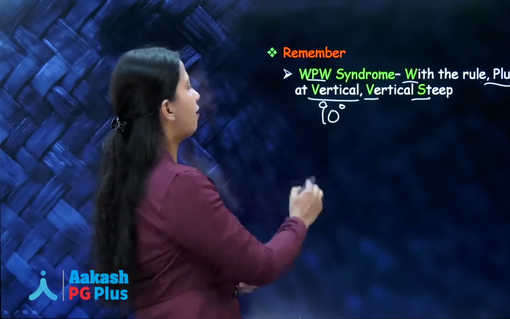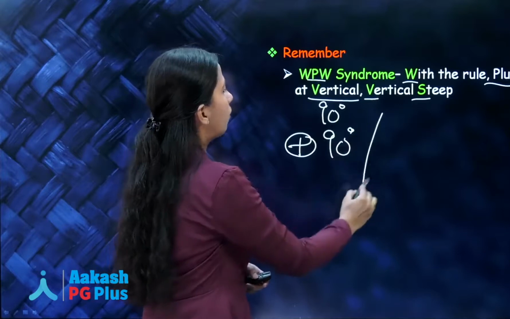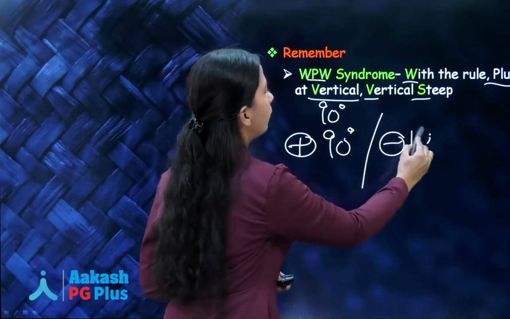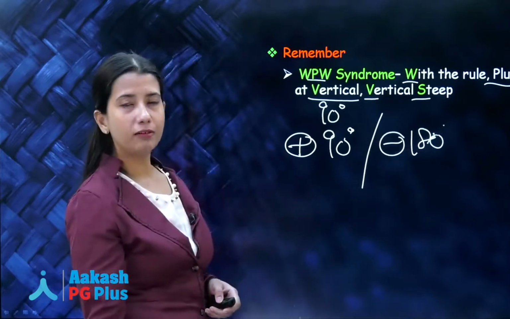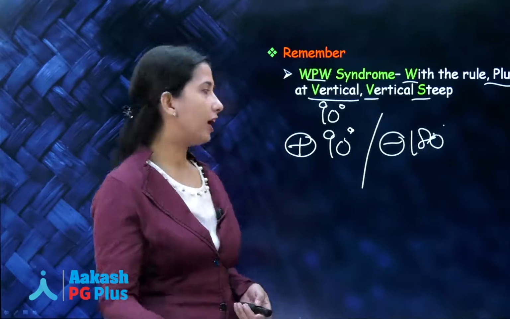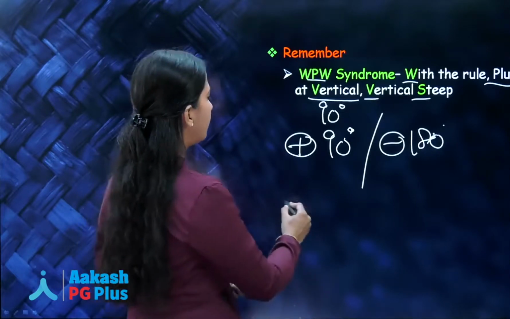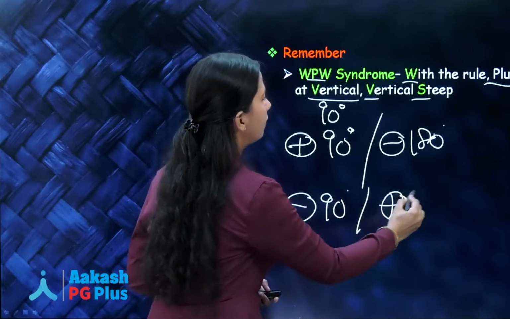So if you have plus sign at 90 or the opposite is minus sign at 180, it is a with the rule astigmatism. Now against the rule astigmatism is just opposite of that. So against the rule astigmatism is minus at 90 or plus at 180.